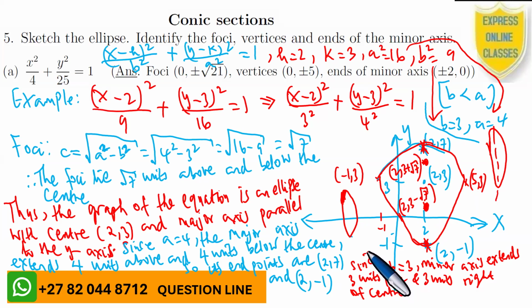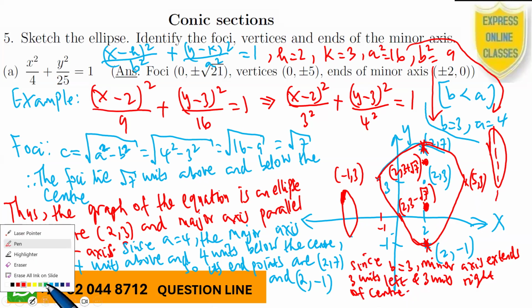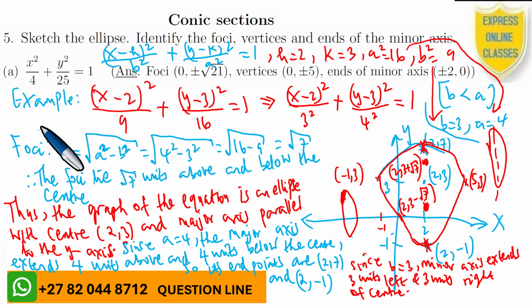And then we've sketched this one here. We note that the actual equation of these is 16x squared plus 9y squared minus 64x minus 54y plus 1 equals 0, like this.